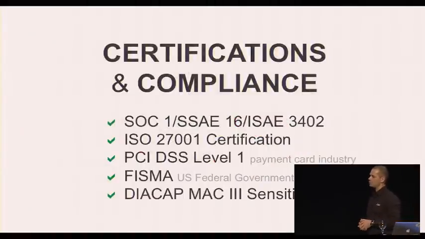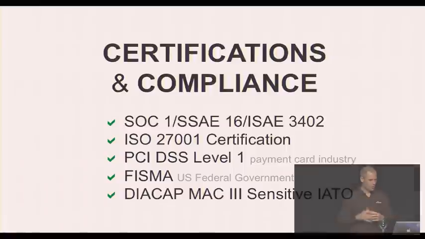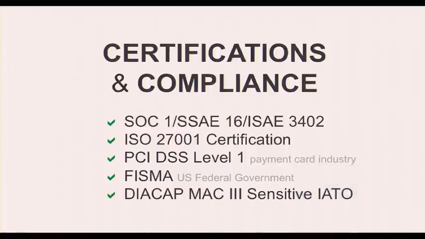Certification and accreditation. In the past, we've published multiple reports for SAS 70 Type 2. We're now publishing reports for SOC 1 compliance, basically the service organization's controls, in accordance with the SSAE 16 and the ISAE 3402. We are ISO 27001 certified, and we have PCI DSS Level 1 compliance. So that's the credit card industry compliance.